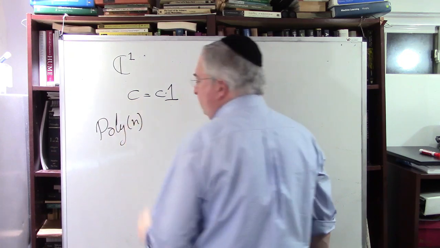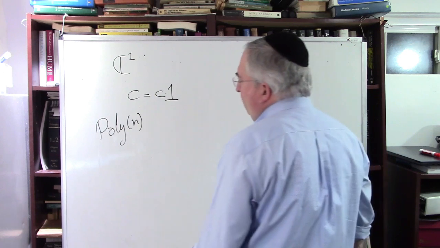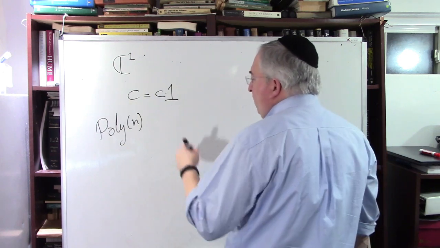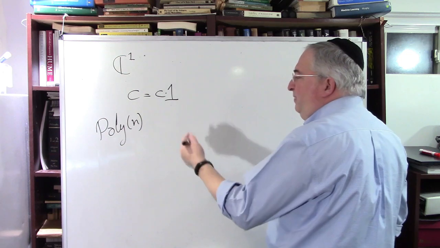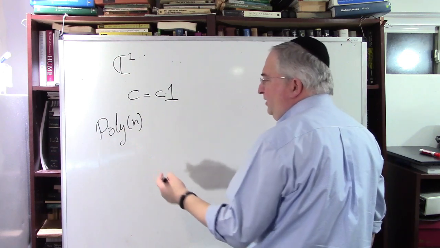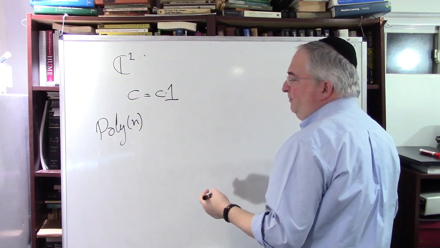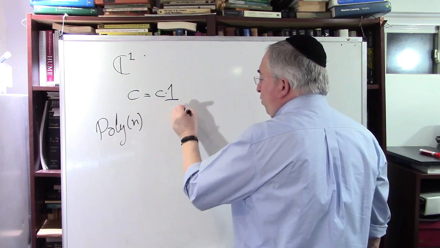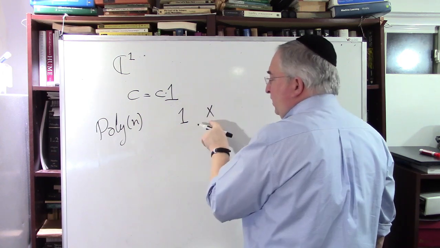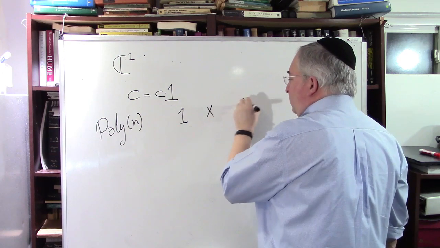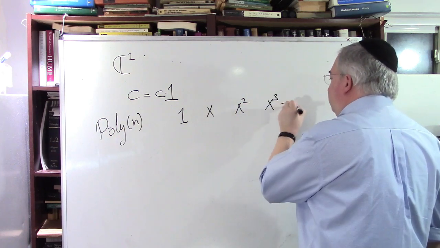Okay, great. Let's look at poly of n. What's poly of n? I need to find a list of polynomials such that any polynomial in here can be written as a linear sum of that. And the answer is very simple. 1, that's a nice polynomial just by itself. Here's another polynomial. Here's another polynomial. Here's another polynomial.